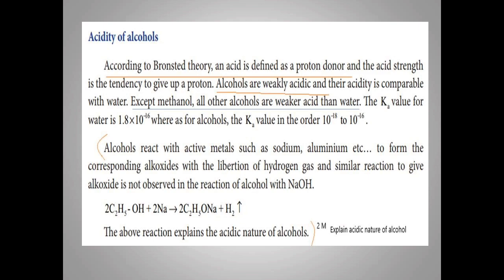Except methanol, CH3OH, which is somewhat more acidic than water, all other alcohols are weaker acids than water. The Ka value, that is the equilibrium constant for acidity, for water is 1.8 into 10 power minus 16. For alcohols, it comes in the range 10 power minus 18 to 10 power minus 16.